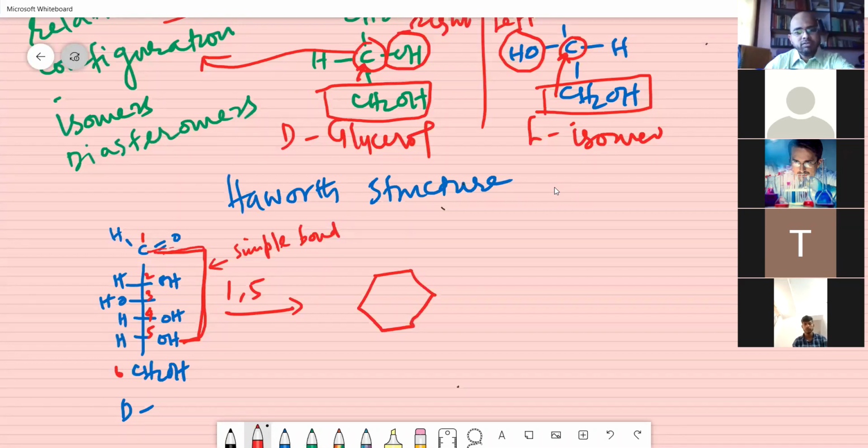When the first carbon and fifth carbon bend like this, it becomes a cyclic structure. Okay, because each atom is having two carbon atoms.